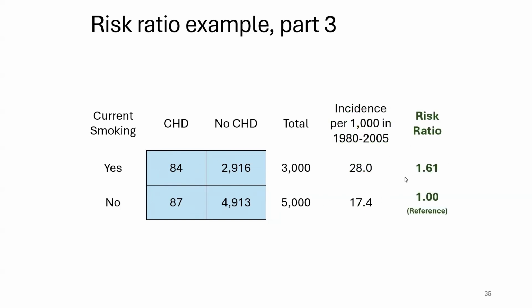So we take the risk ratio and calculate the incidence in the exposed and the incidence in the unexposed. In the exposed group, we see that the risk ratio is 1.61. And then in our referent group, that takes the risk in the unexposed group over the risk in the unexposed group, so that's going to be 1 because it's the same thing.